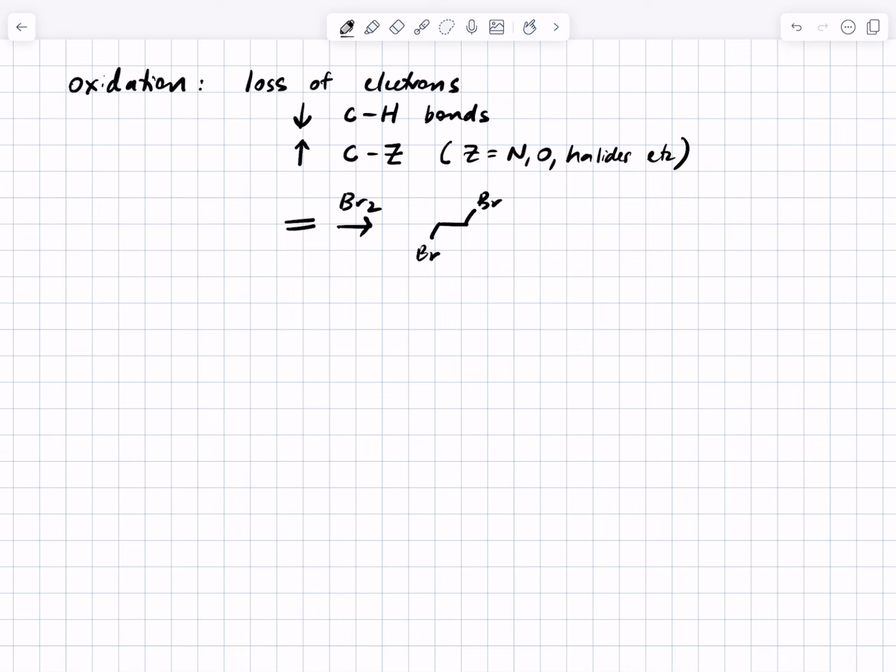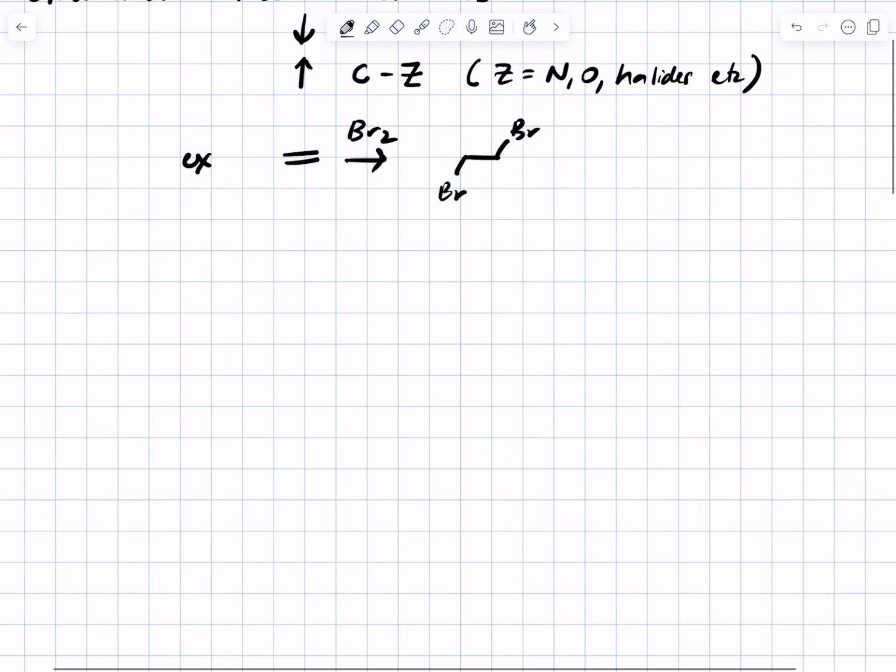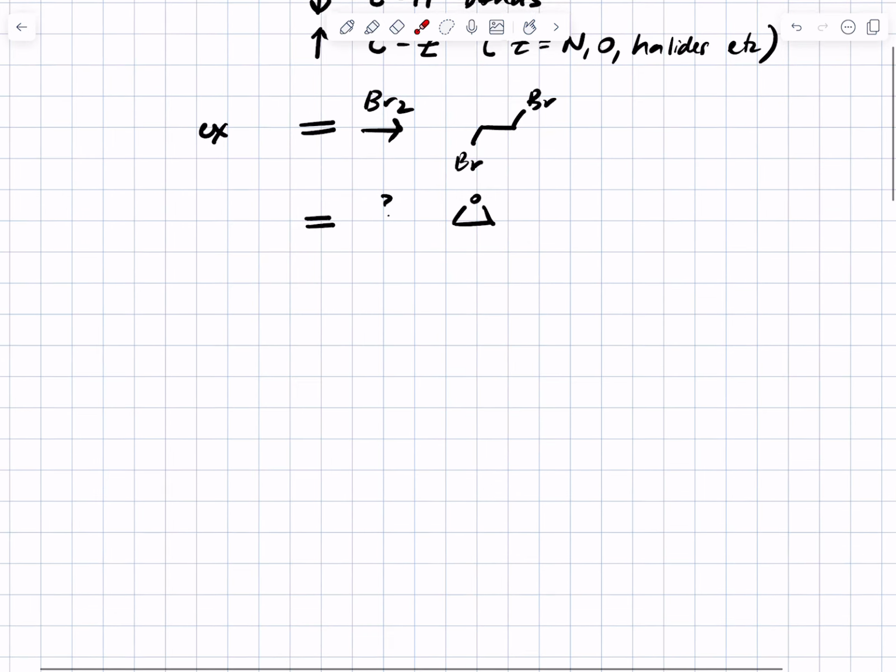All right, but you'll see other examples of oxidation this semester. We're going to learn how to take an alkene and turn it into an epoxide. We actually have a way to do that that we learned in Chapter 10. It involved forming a halohydrin under these bromination conditions, but we'll learn about that.